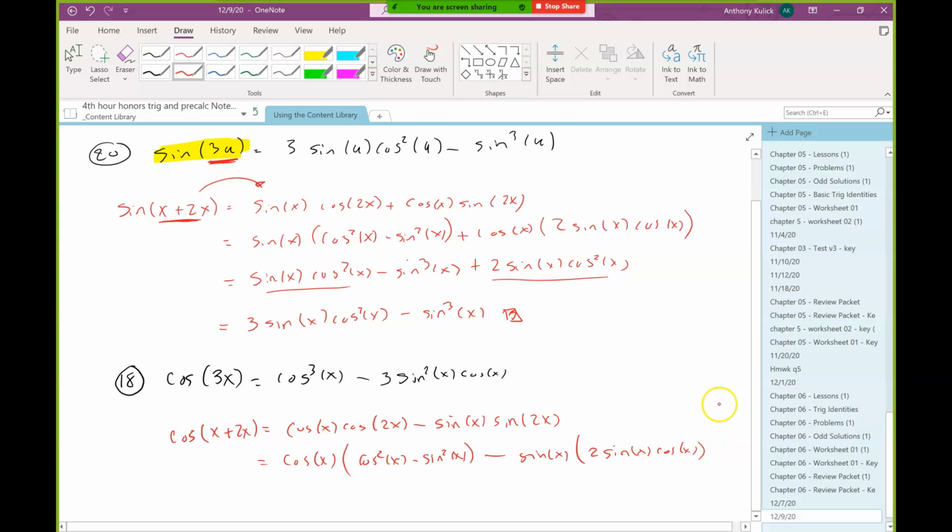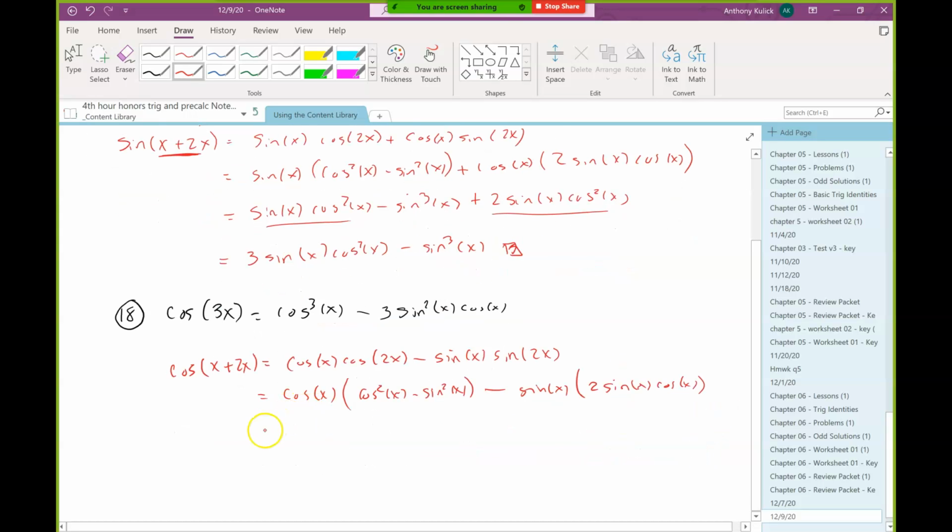I'll use my double angle identity for sine. We'll just distribute through here. It's cosine cubed minus cosine x sine squared x. And then I don't have to distribute here, so I just have a minus 2 sine squared x cosine x, and those are like terms. So we can just combine them by adding their coefficients, giving us negative 3 sine squared x cosine x, which is what we wanted.